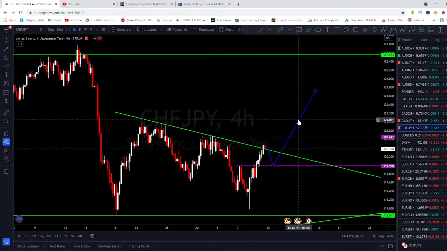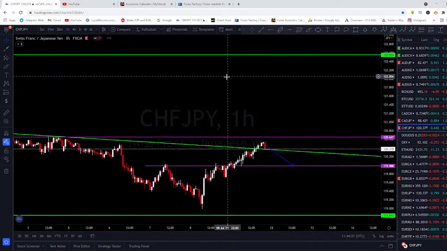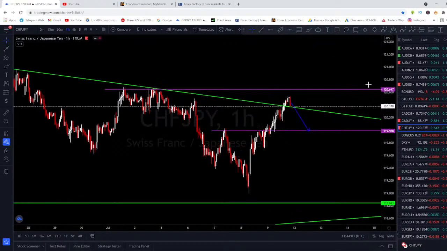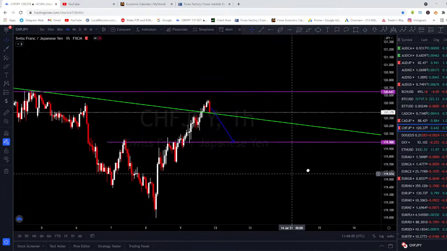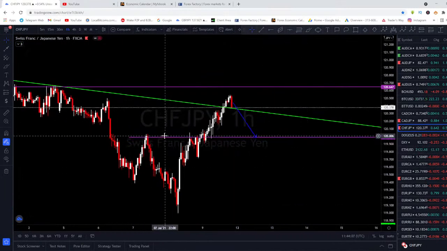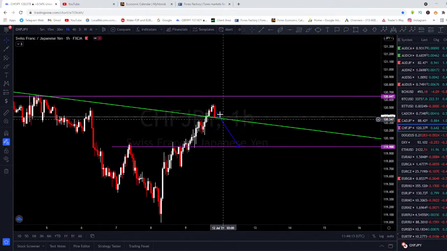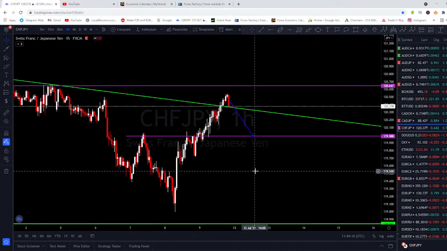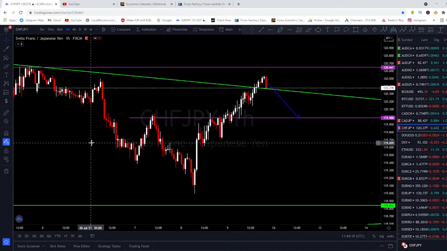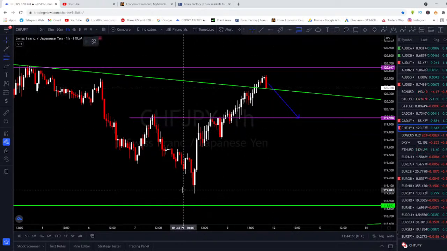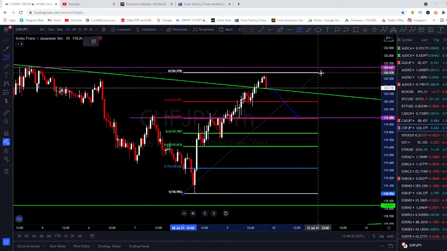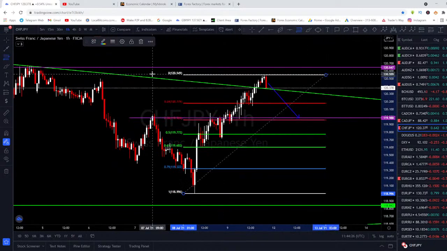So now you go down to the 1-hour time frame. You see this is the 1-hour time frame now, and like I said, wait for the market to come down to this level around price 119.988. So wait for the market to come down for a retracement, or you could use something that we call Fibonacci retracement, so that you can know where the market is going to go back up to the upside, right?